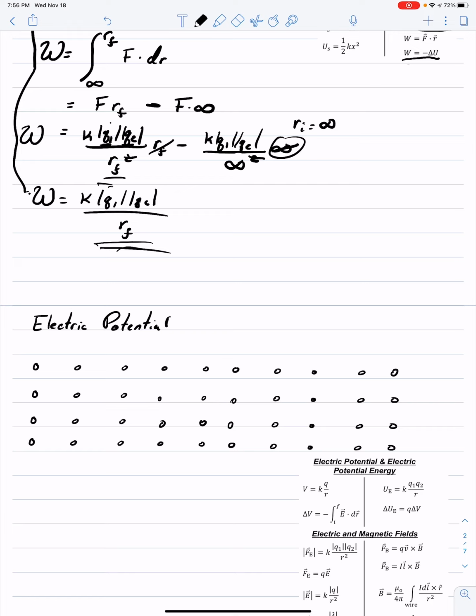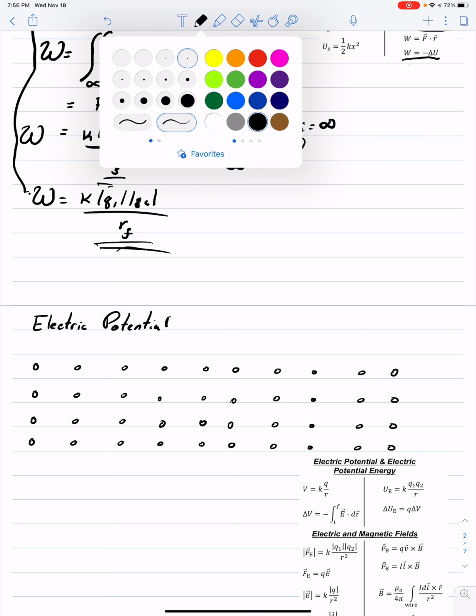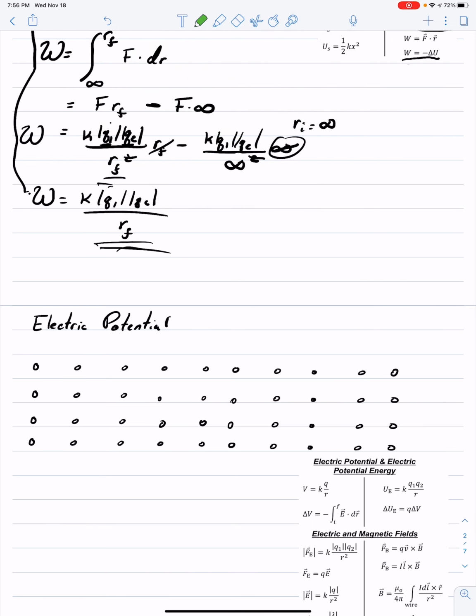So that's why I wrote down this space. Right now, this is completely and utterly empty. Nothing's going on, right? However, if I decide to put a charge right smack in the middle of this, and it's positive, now there's electric potential.